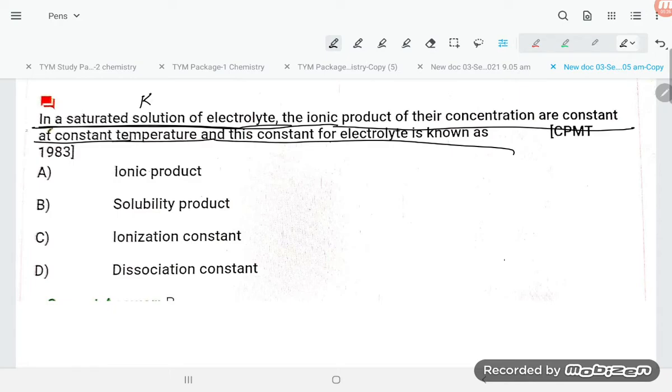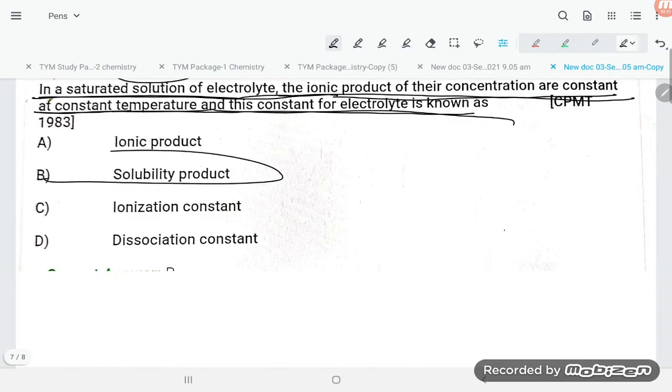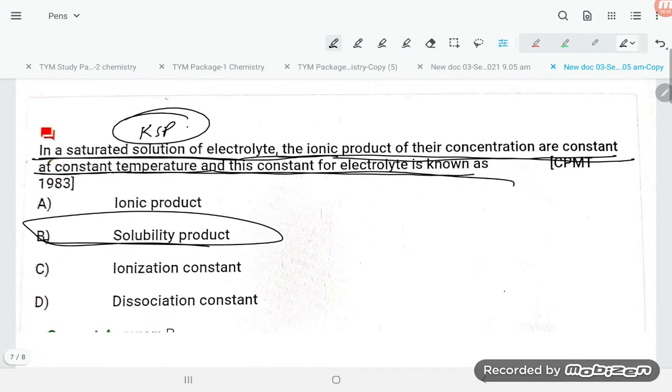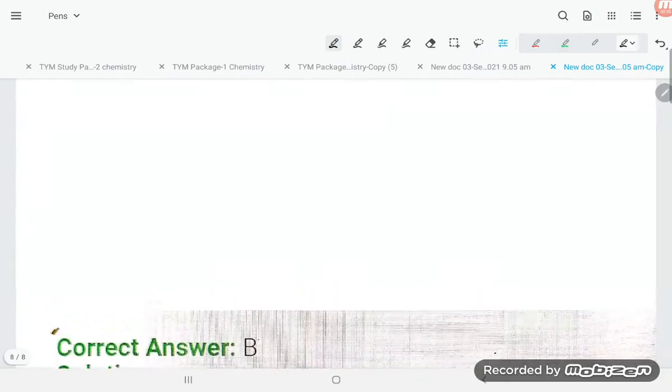They are talking about Ksp, because in a saturated solution the ionic product of concentrations is constant at constant temperature. So option B, solubility product, is the answer. If a saturated solution is there, it means solubility product.